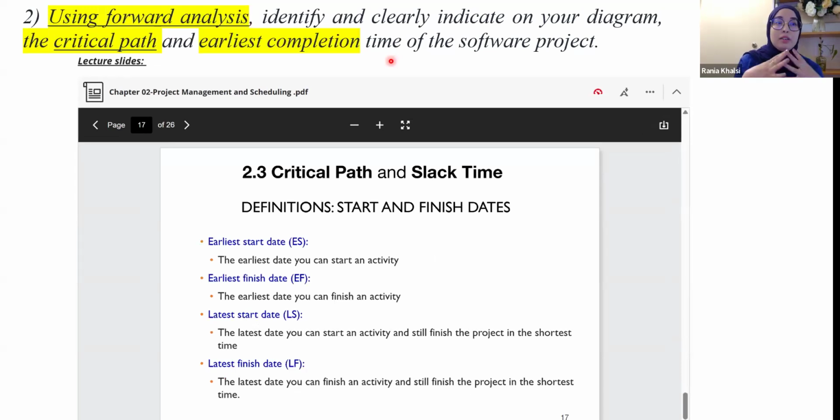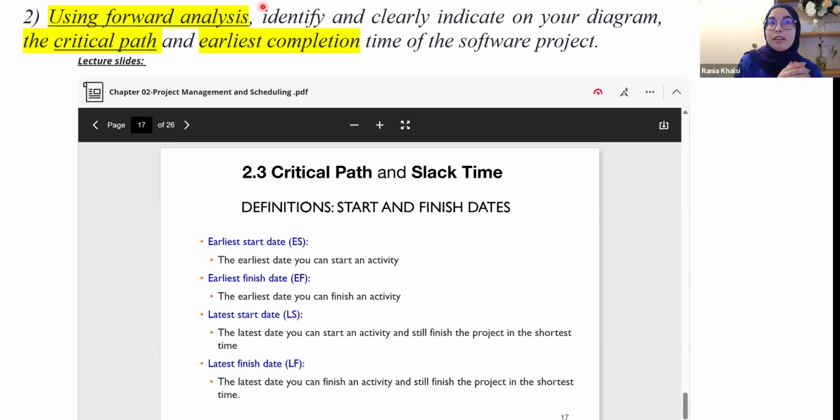But before that, another key term in the question is the forward analysis. So for forward analysis, we introduced some definitions, okay? So we introduced the meaning of earliest start date, ES, which is the earliest date you can start an activity. We introduced the earliest finish date, which is the earliest date you can finish an activity.